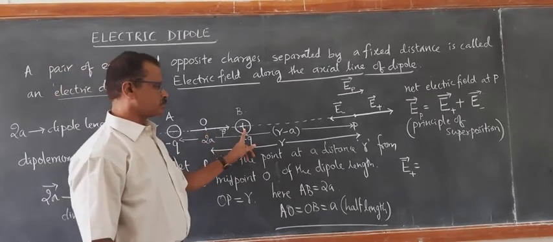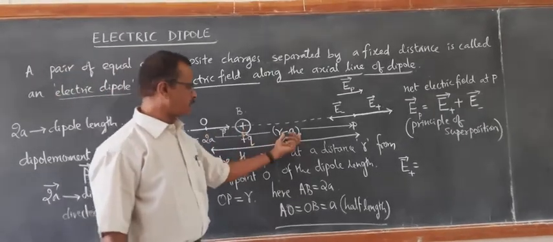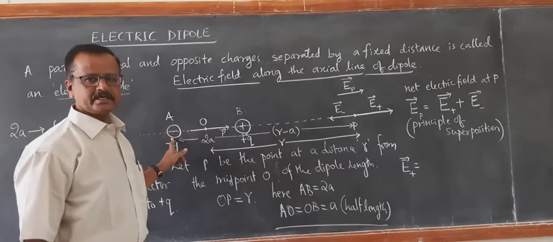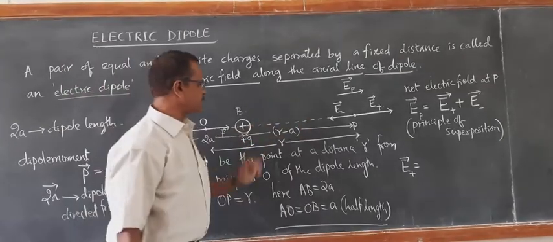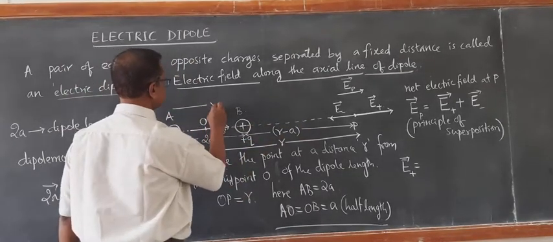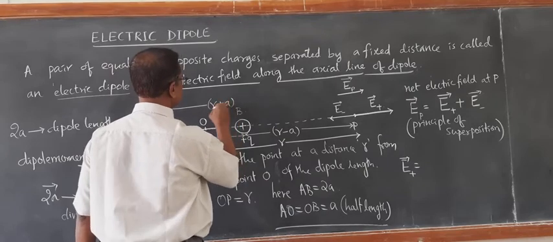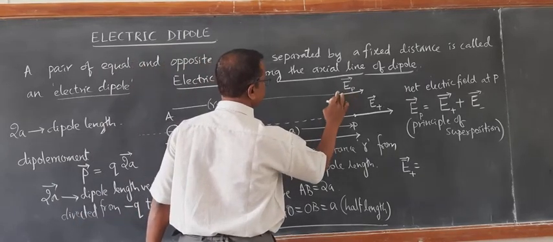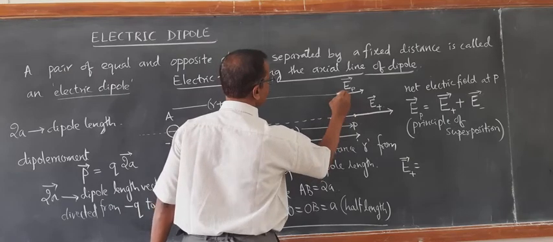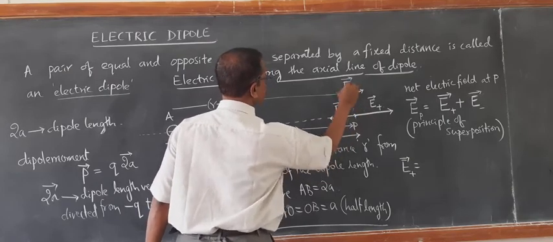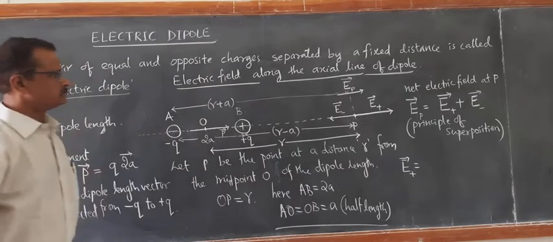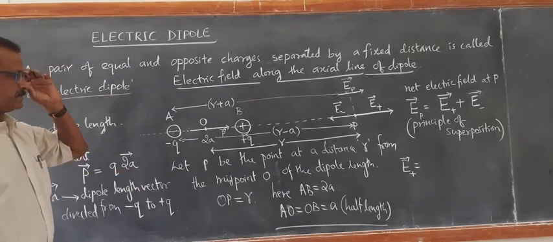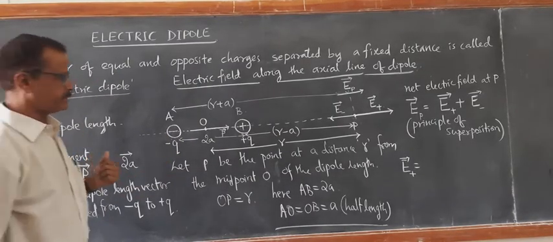So the positive charge is at a distance r minus a, and the negative charge is at a distance r plus a from the point P. Now with this we can calculate what is the E plus value and what is the E minus value.